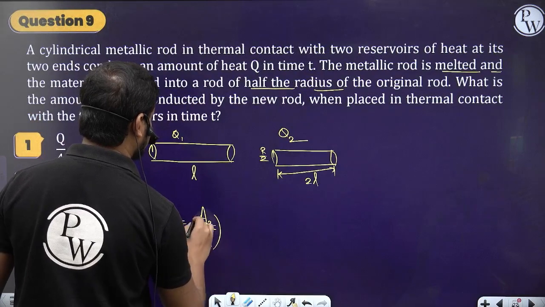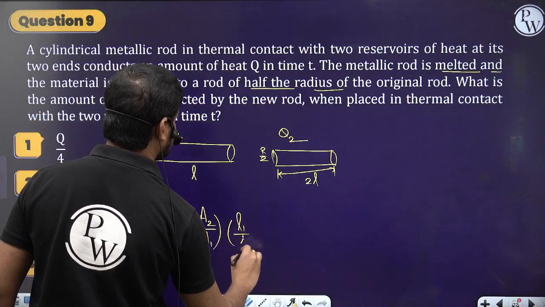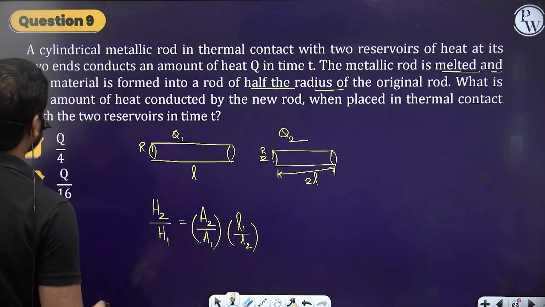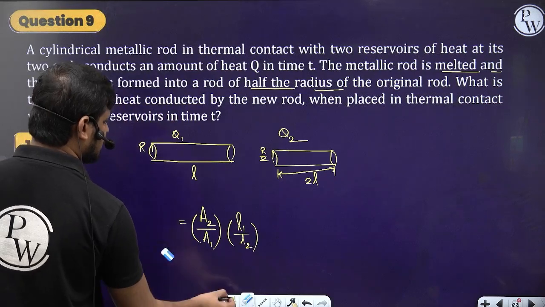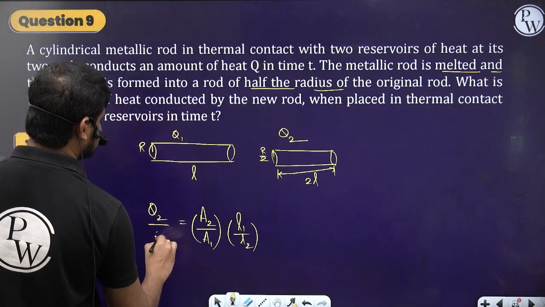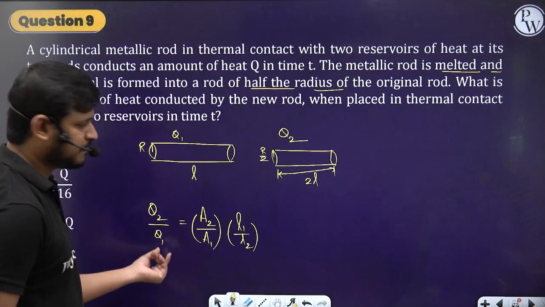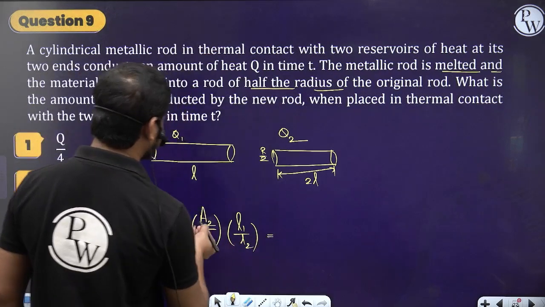Here in place of H1 and H2, they gave Q2, Q1, so this is heat transfer per time only. Okay, done. You can solve it easily now.